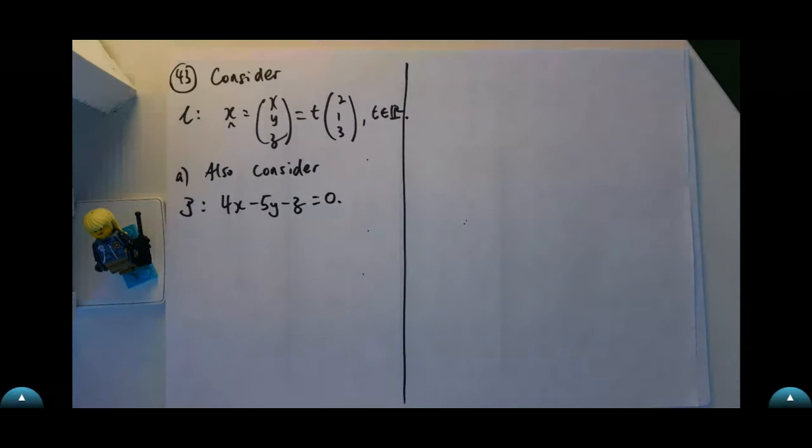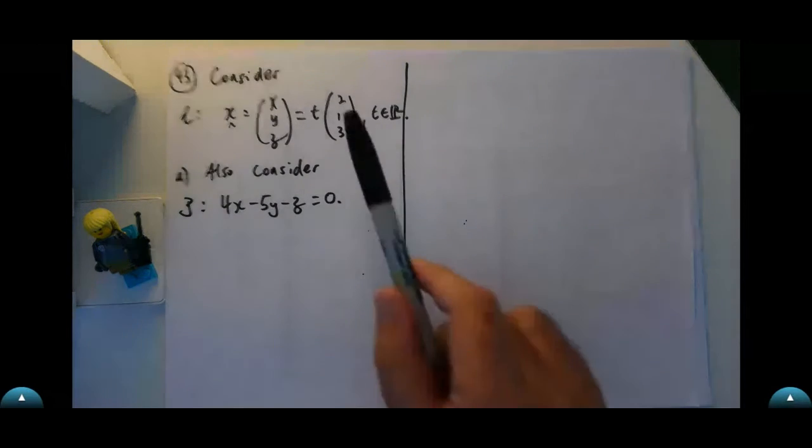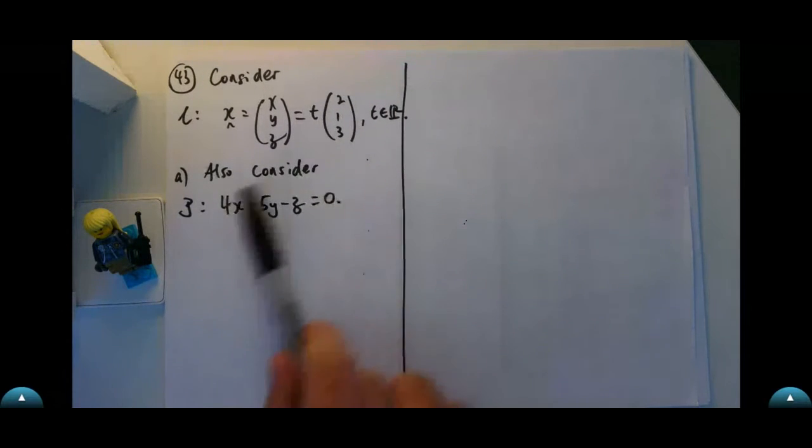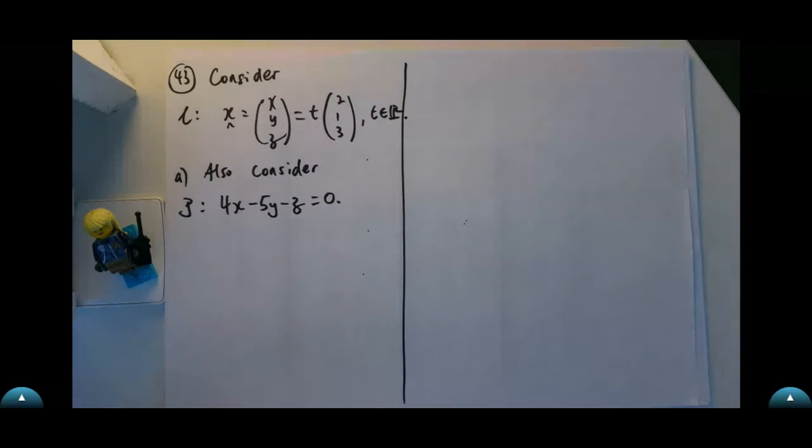Okay, so can anyone on the chat think up a strategy? How might we show that this is contained in this plane here? Can anyone let me know what strategy might be helpful here? Let me know. Smash that chat button. Who can tell me? Come on, there's 20 people here, including me.